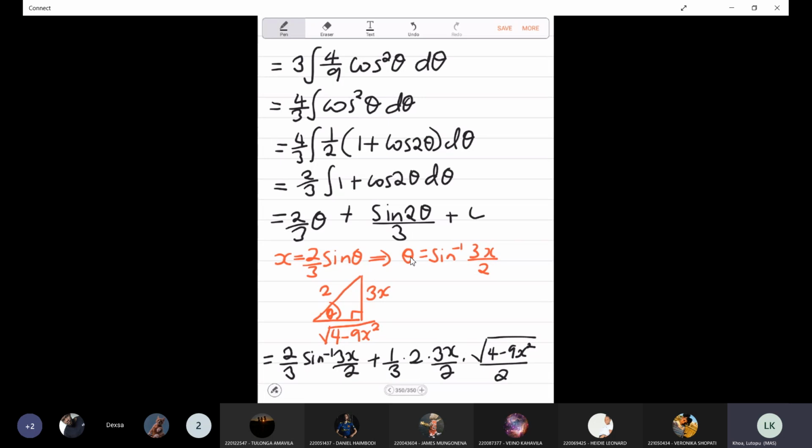Then any terms that can cancel, go ahead and cancel them. See, the 3's cancel, those 2's cancel. So I'm left with 2 over 3 sine inverse of 3x over 2 plus x over 2, and then the square root of 4 minus 9x squared.